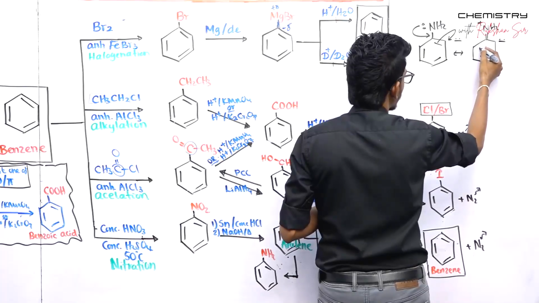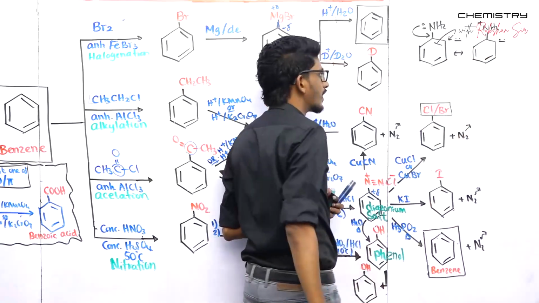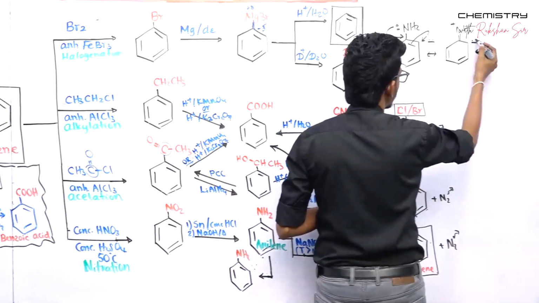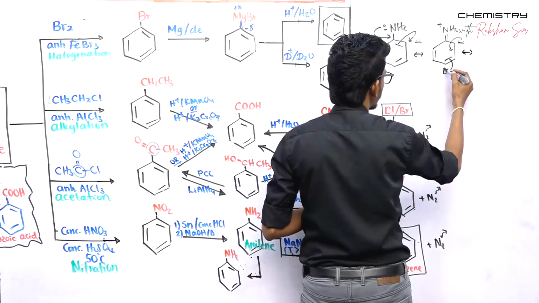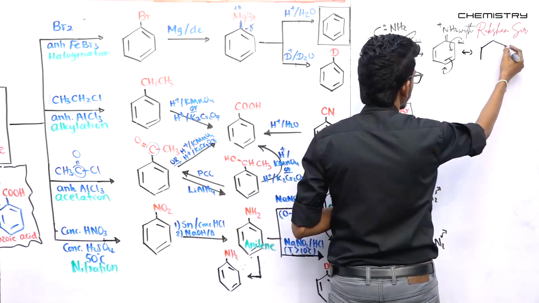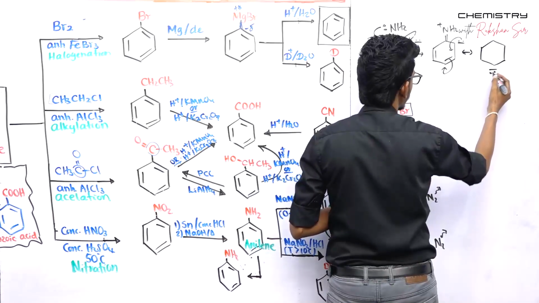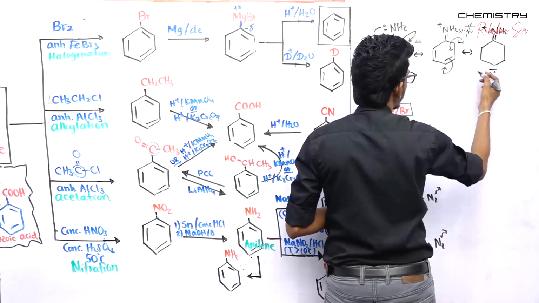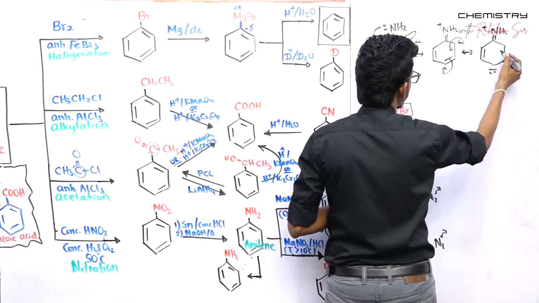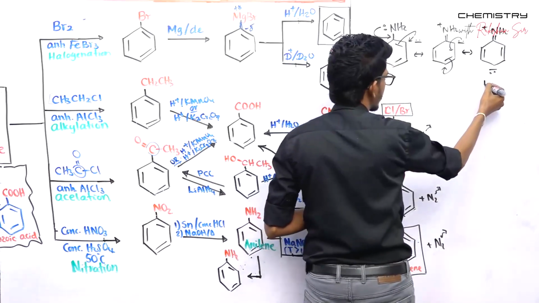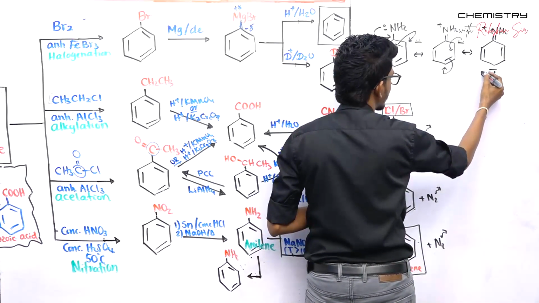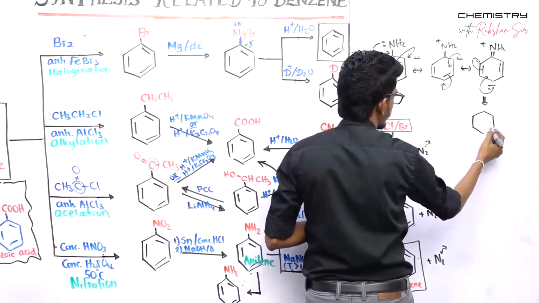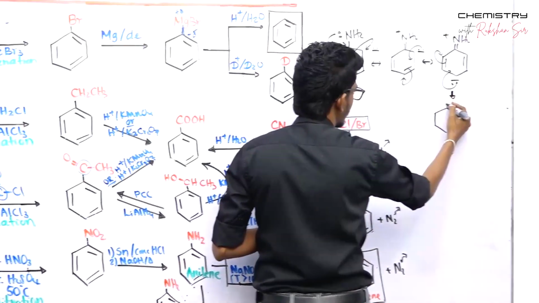Not only that place, but when these electrons are coming towards here, the place directly opposite to the NH2 will also get some negative charge. Not only that position, but also when these two are coming here, this position will also get some negative charge.